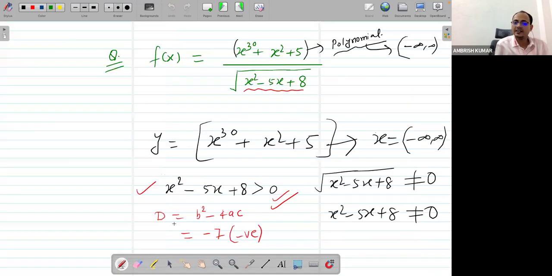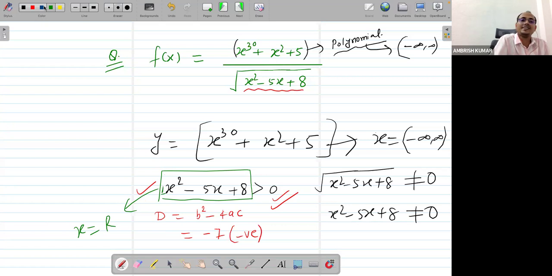So see, D is negative. So this expression will have the same sign as the sign of a. Here a is plus 1, the coefficient of x square. It means this expression will always be positive. So if you have to solve for this, you will simply say x here is going to be real, meaning the thing inside the square root is always going to be positive.